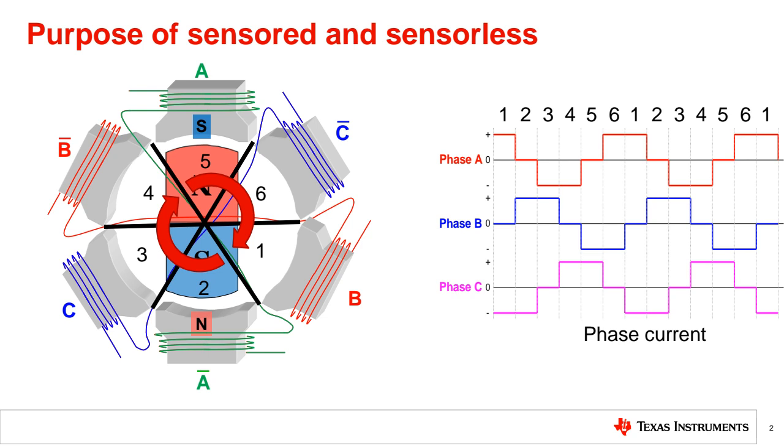Now, what is sensor control? Sensors are used to determine the actual location of the rotor relative to the stator. While there are many different types of position sensor, I said resolver, encoder, Hall effect, these all fundamentally do the same thing.